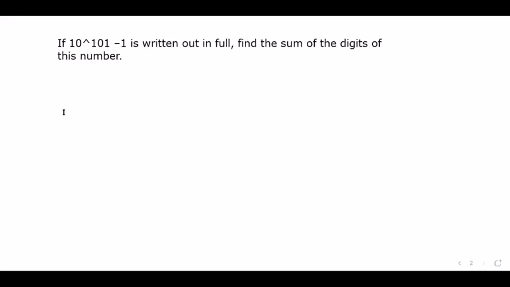If this number is written out in full, the number we are looking at is 10 to the power of 101 minus 1. Now, this is a huge number because this number itself has got 101 zeros in it. Now you subtract 1 from that and you write the whole thing out, and the question is, find the sum of the digits of the new number. Right? Find the sum of the digits of the new number.